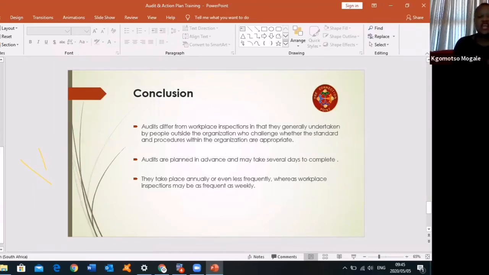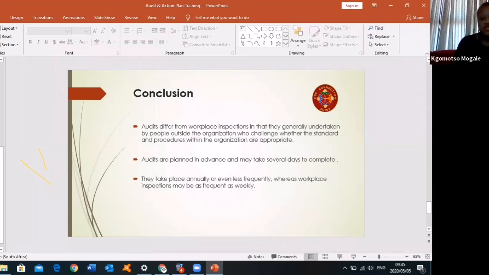But like I emphasized in previous slides of our presentation, we can continue as a company doing internal audits so that we don't wait a long time for the external auditors to come back and audit the company. At least we continue with our own audits so that we can make sure of the standards.